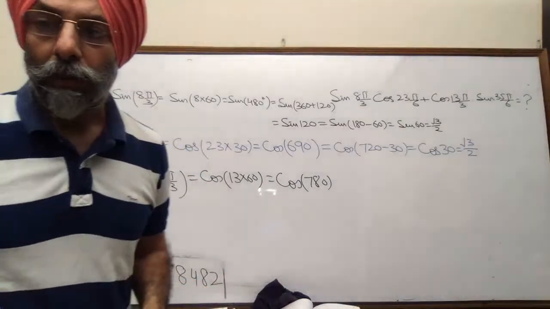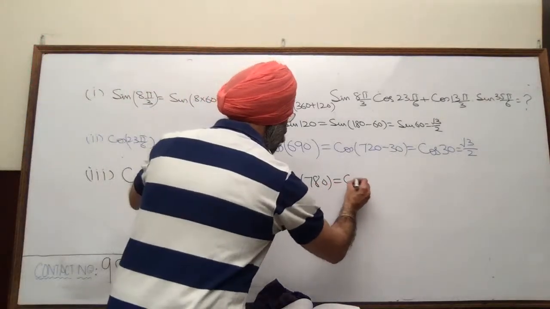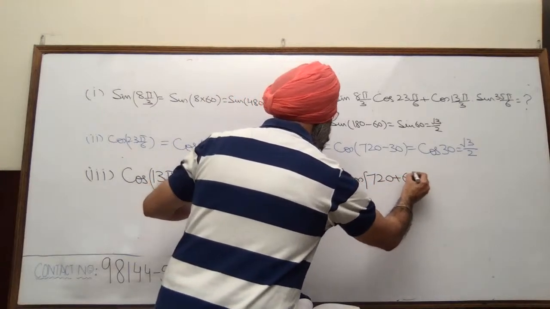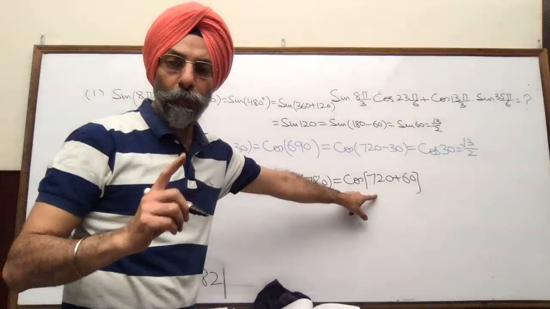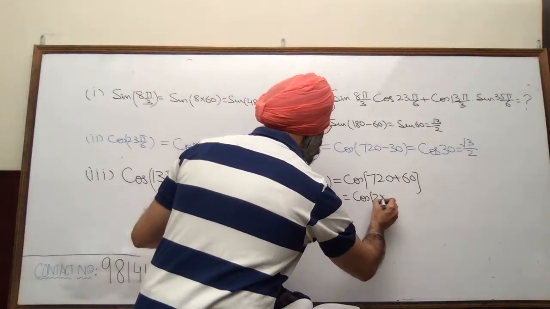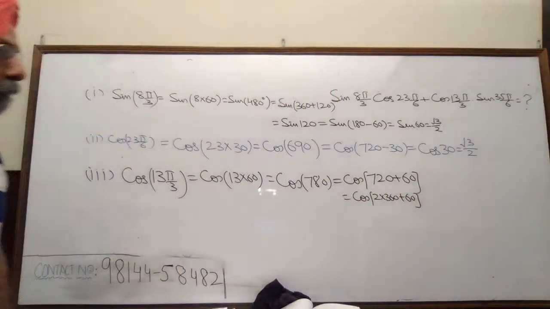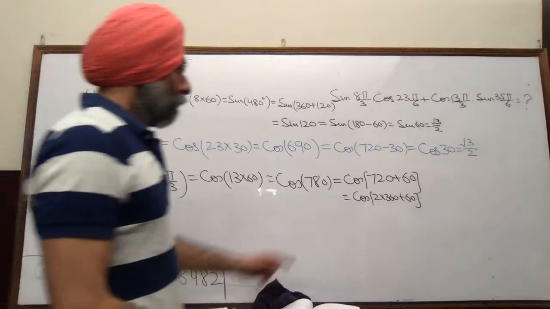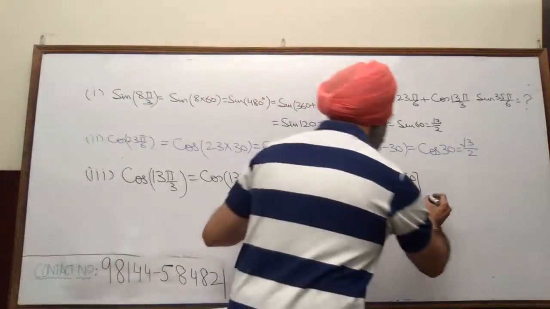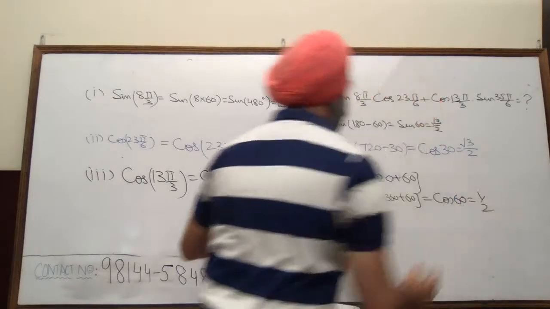So this is cos of 720 plus 60. To be more precise, you can write this as cos of 2 into 360 plus 60. So 2 complete rotations of 360 degree, then plus 60. So that gives you cos 60 and the value is half.